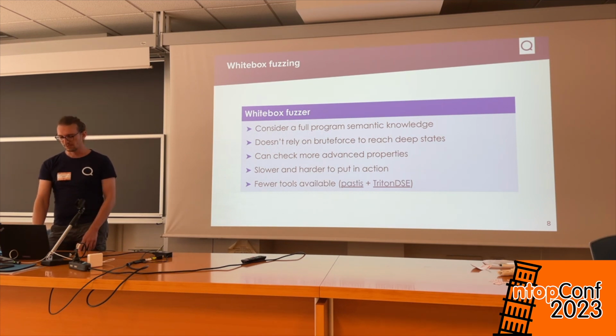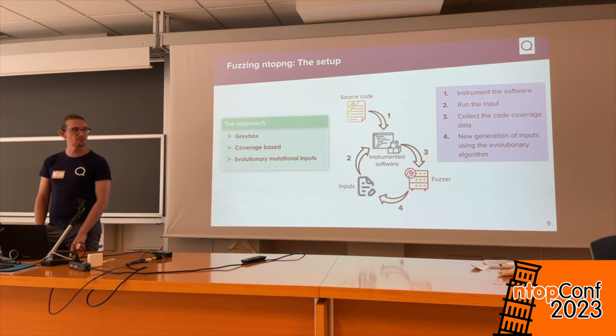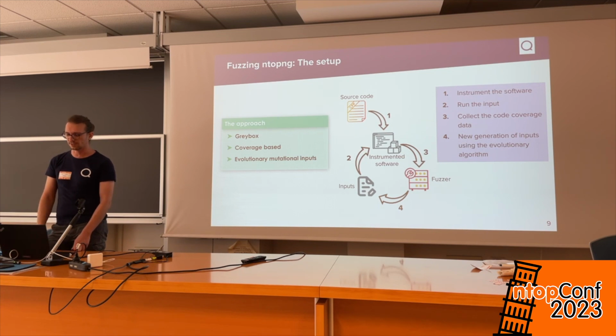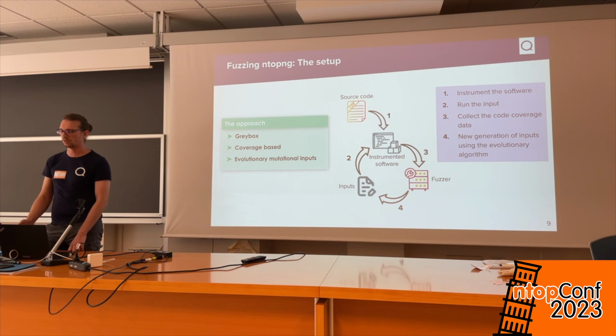But yes, for ntopng, I just focused on gray box fuzzing, and I used a coverage-based approach with an evolutionary algorithm for generating new inputs. What does it mean? Basically, we start from the source code of ntopng. We want to compile it and instrument it with some code that will be executed at runtime, and that will generate the code coverage for that particular execution.